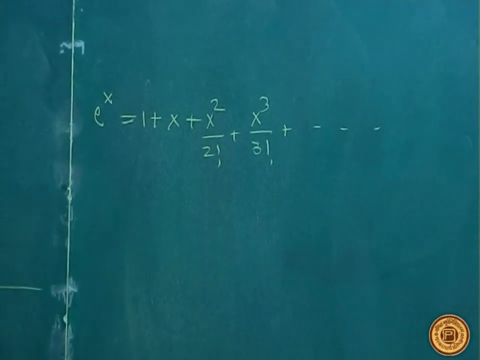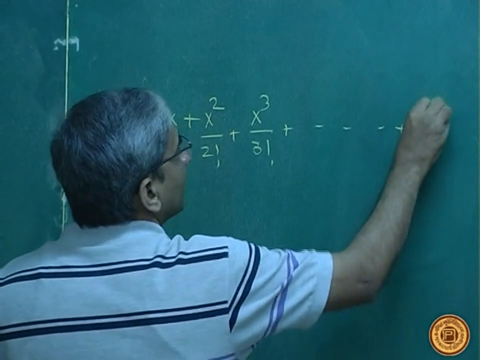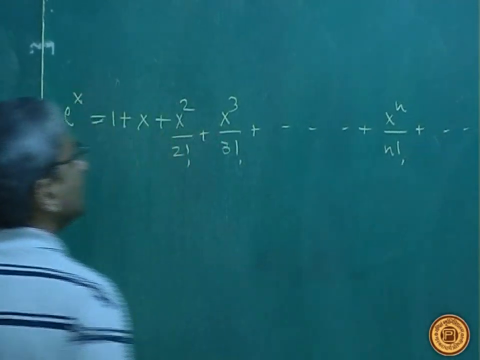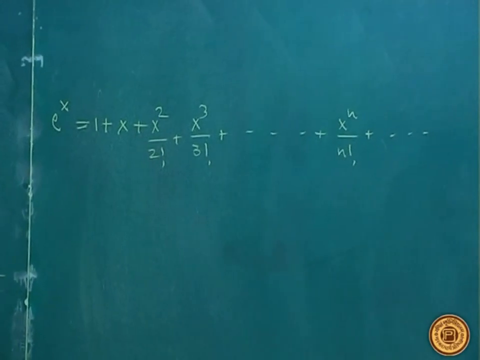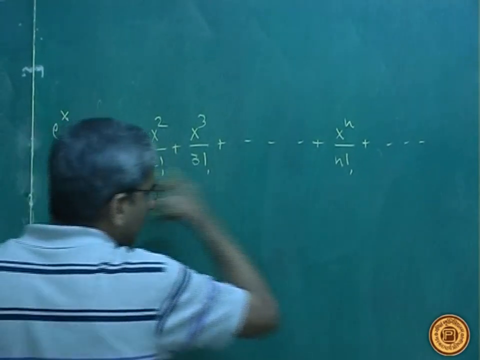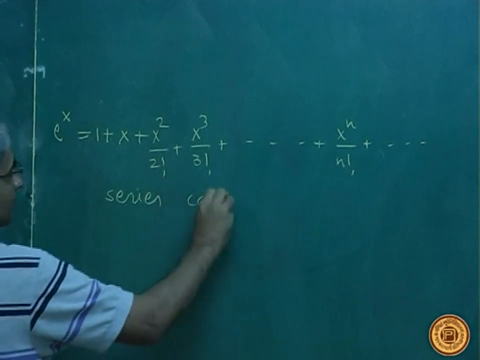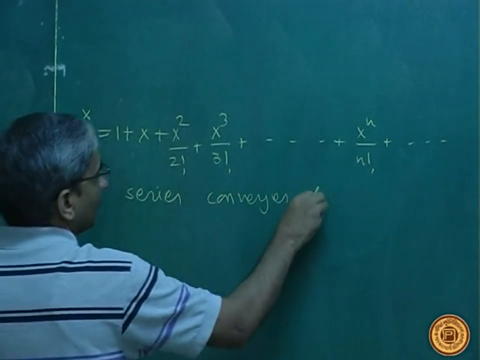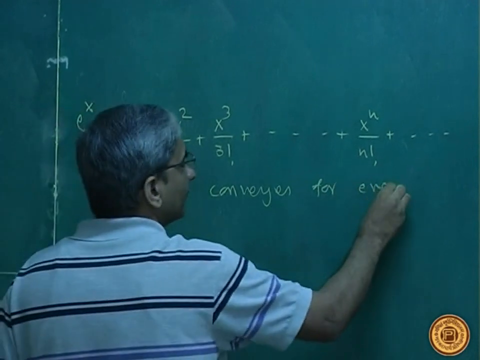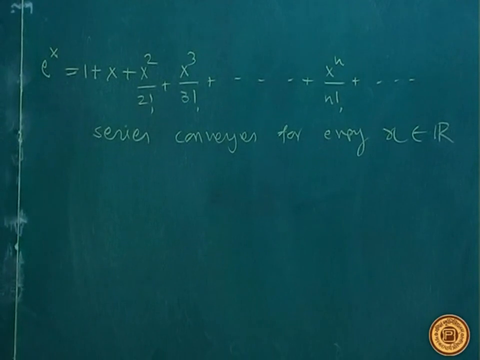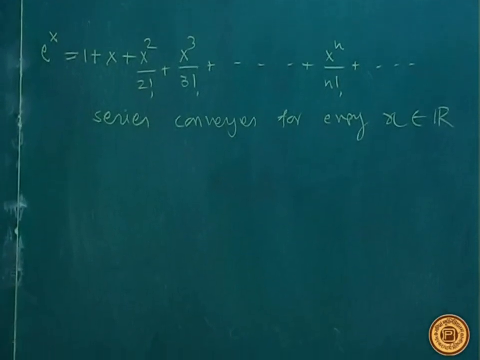The general term is x to the power n by n factorial and so on. And this series converges for every x in R. This in fact converges for every x in R.